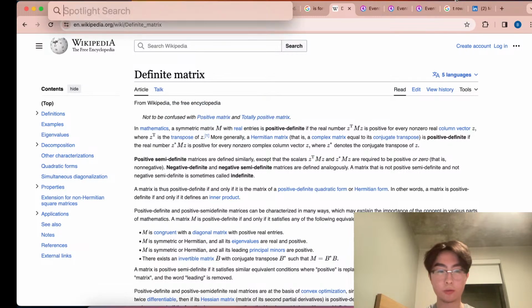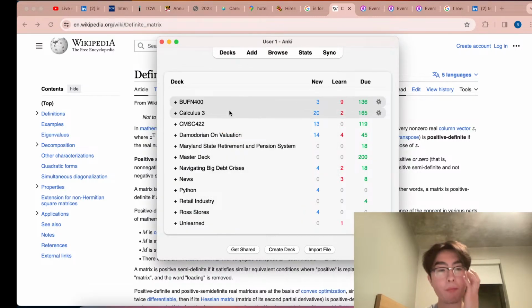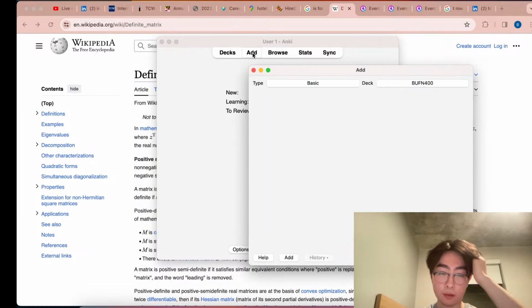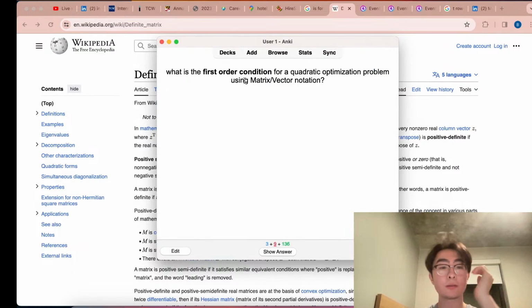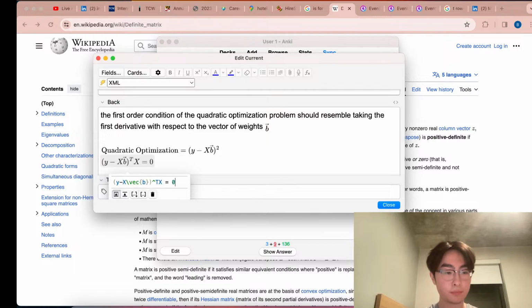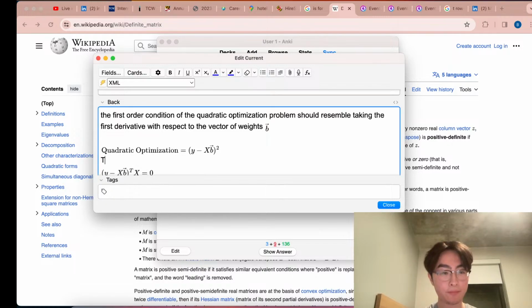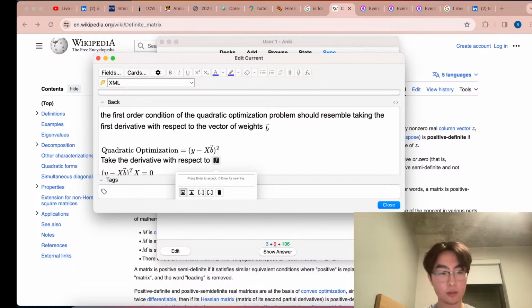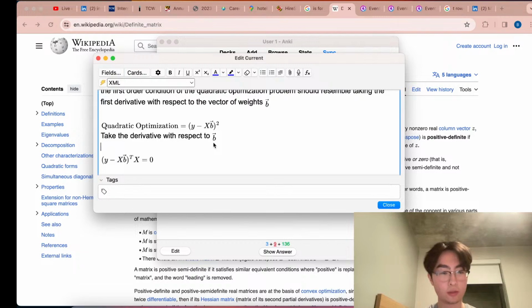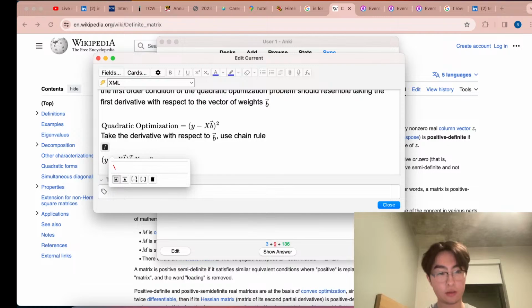Okay, nice. Let's see. The first derivative with respect to b. So then we have the chain rule. So use the chain rule.